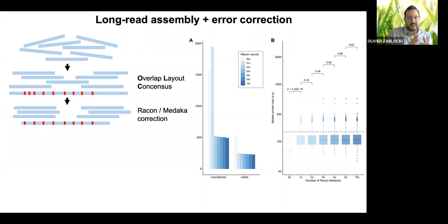And from that, if you have an odd base that's not part of that coverage consensus, it will identify it as an error and take it out. All right. And you can do this iteratively multiple times until you reach a plateau where you've weeded out all the errors you could based on self-mappings and coverage.